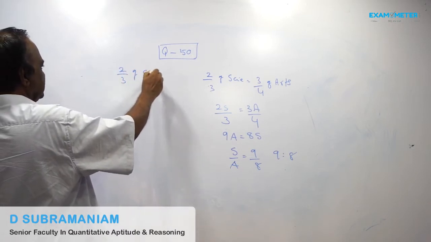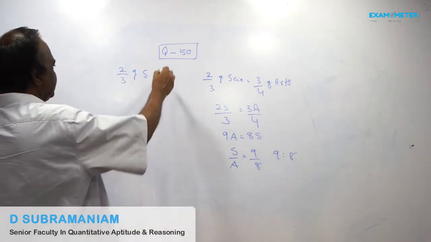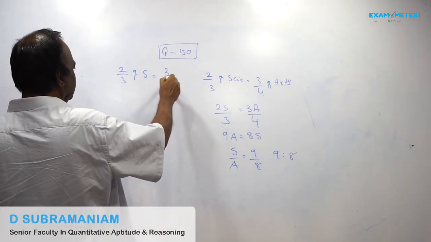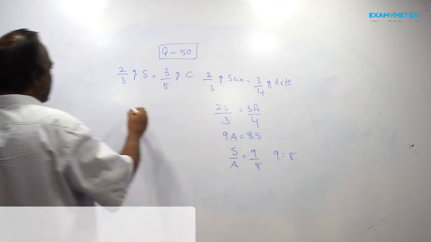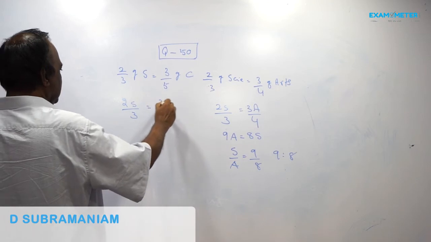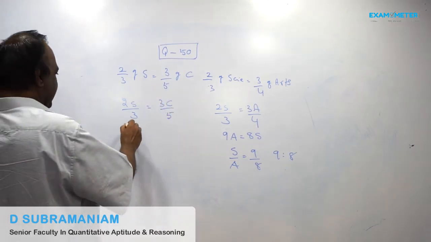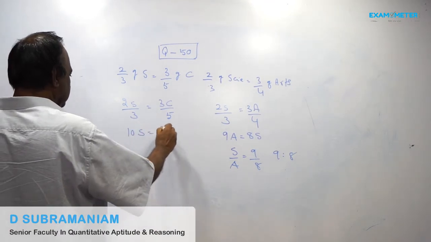2/3 of science is equal to 3/5 of commerce. So 2s by 3 is equal to 3c by 5. 10s is equal to 9c.